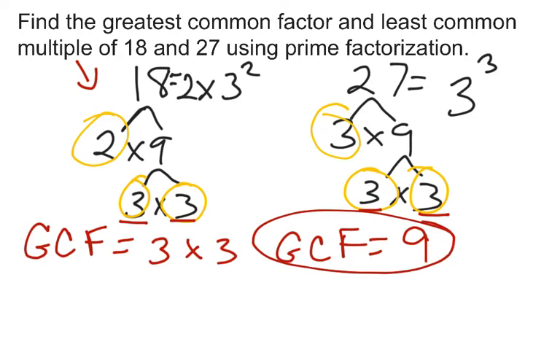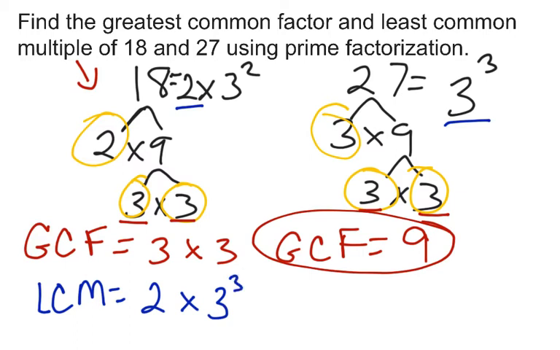Now I'm going to look at least common multiple, and I'll keep that in blue. Well, for the least common multiple, I just look at the different kinds of numbers. Well, I have a 2, and I have 3 cubed as my highest exponents. So for least common multiple, I have a 2 and a 3, and my highest exponent is to the third power.